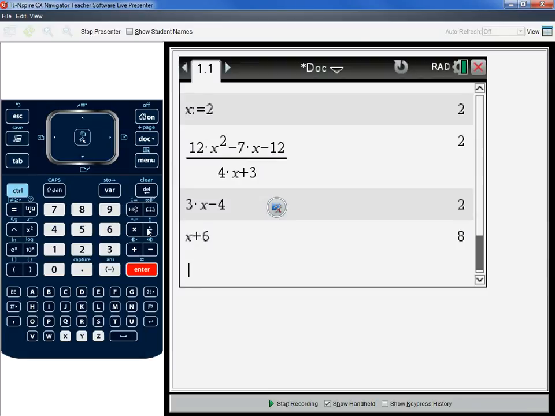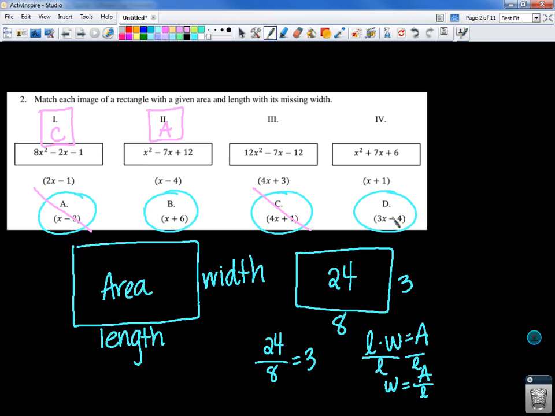It does change things. So it looks like it's 3x minus 4 and not x plus 6. The value that I chose happened to work for 2 of them. So I had to choose a different value to verify which one it actually was. And it's actually 3x minus 4. This one right here. So 3x minus 4, this one is D.